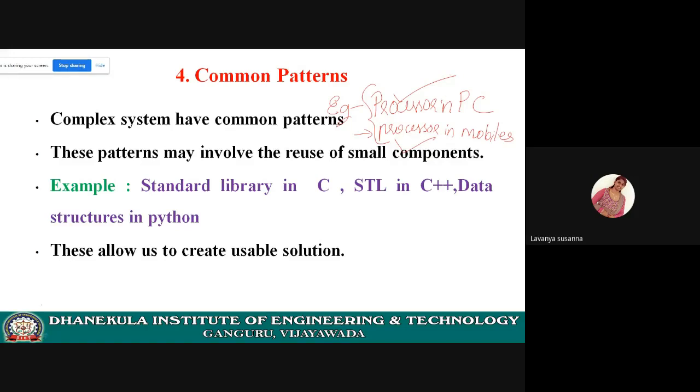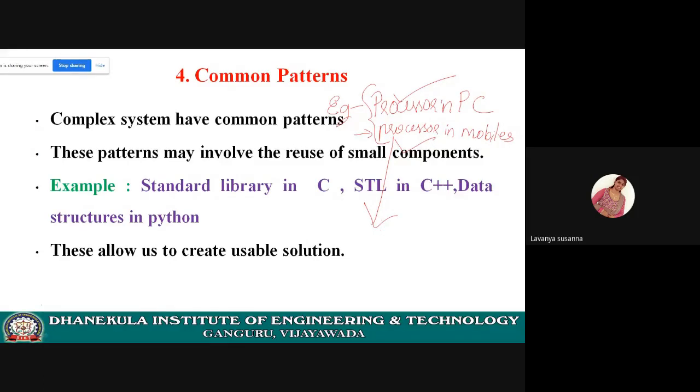By identifying these components, you no need to again design or develop the processor. You can reuse the processor because a processor will be present in PC and in mobile phones. This common component, as a developer, you no need to develop again from scratch.